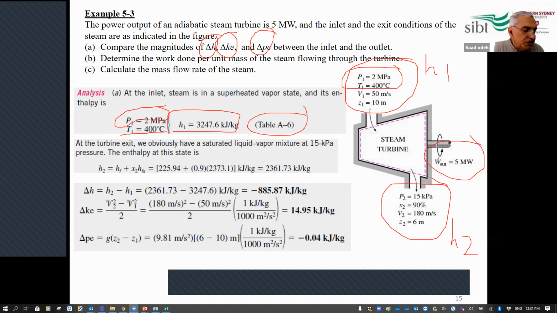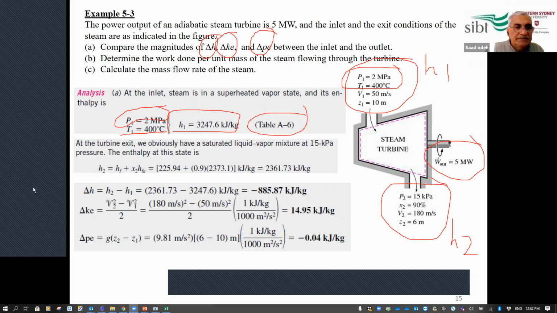The exit enthalpy, as you can see, is not completely a gas. Why is it not completely a gas? Can someone tell me why it's not completely a gas at the exit? There's a property here that gives me a clue that there is a mixture, not a complete phase or one phase.